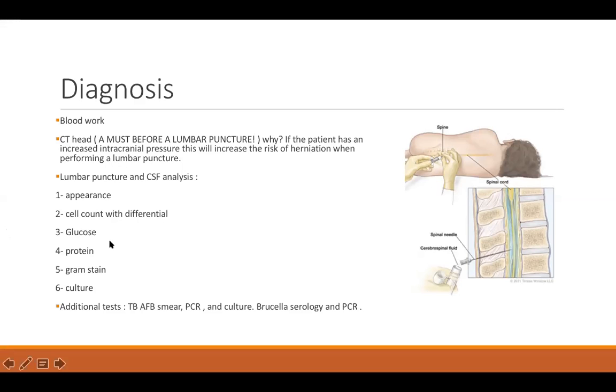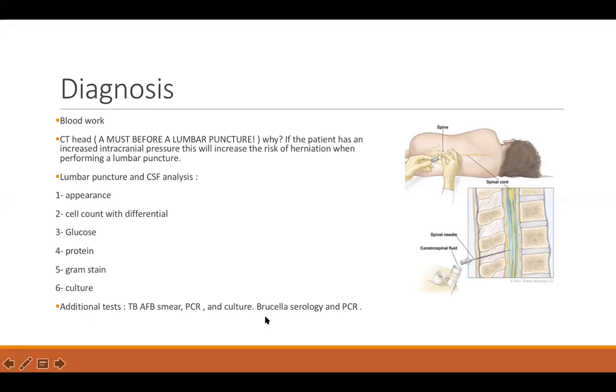You want to see the most predominant cell type because it differentiates bacterial from viral from tuberculous, which we'll talk about shortly. You want to check the glucose levels, the protein levels. You want to do gram stain and culture. There are certain additional tests you can do. If you're suspecting tuberculosis, you can do an acid-fast bacilli smear, PCR and culture for tuberculosis.